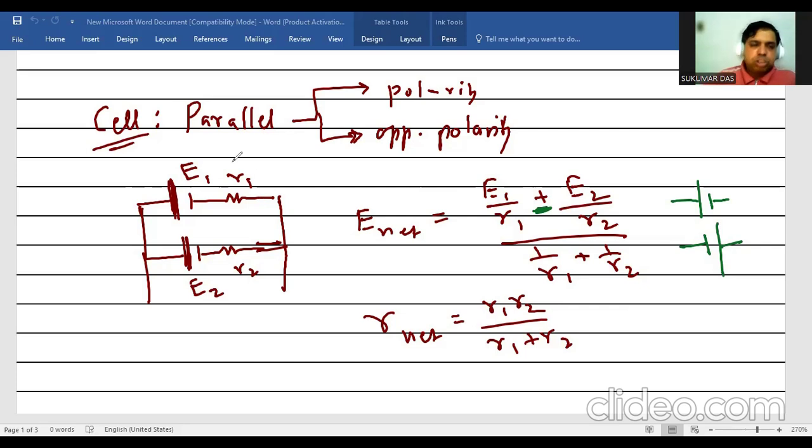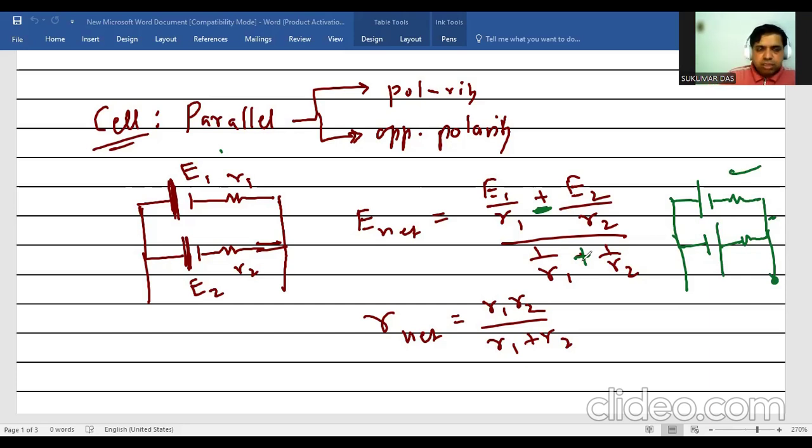I repeat, if these two cells are connected in parallel with opposite polarity, they will look like this. In this scenario, just substitute the plus sign with a minus sign, but don't change the sign of the denominator. And also the net resistance of these two cells will remain the same. This is what it is in parallel.